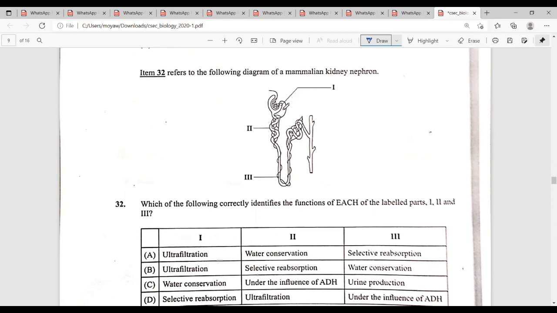We know that 1 is the Bowman's capsule, and that deals with ultrafiltration. 2 is the proximal convoluted tubule, and that deals with selective reabsorption. And then 3 is the loop of Henle, and that deals with water conservation. So the best option here would have been B.